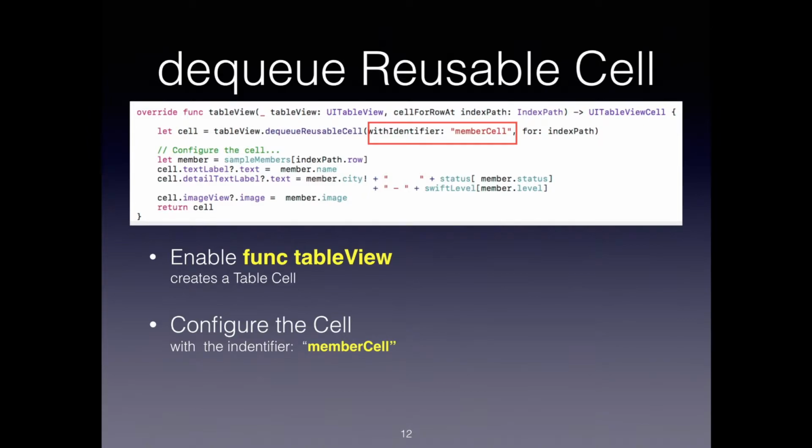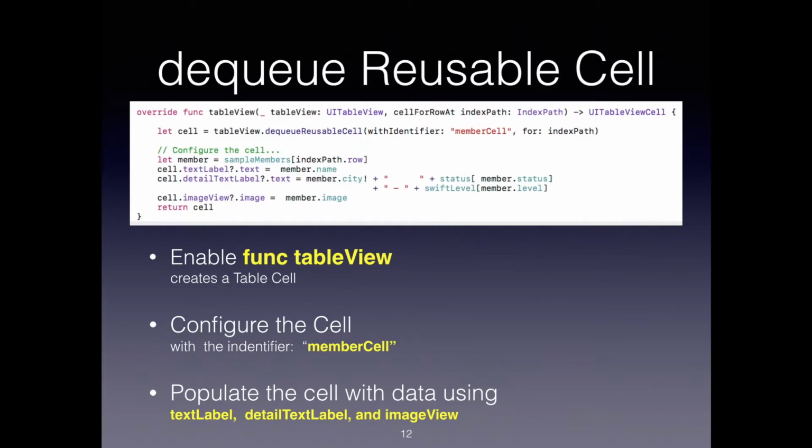Later on, when we make a custom class, we'll need to have a custom UITableViewCell controller. And then we just let the member equal the index path of the row. We set the text label text to the member name. And then what we've done with the detail text of the default cell, we've concatenated strings.